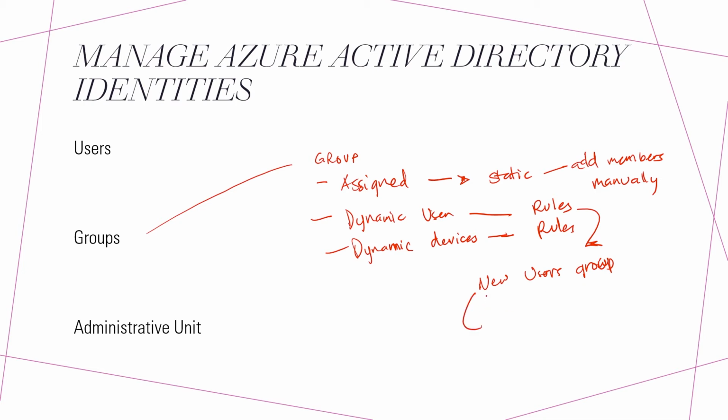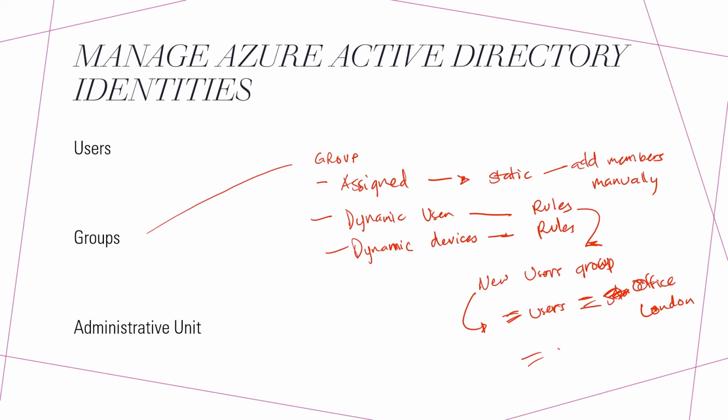You want in that new users group only the users that have, let's say, an office attribute of London. In AD you can set certain attributes for a user or a device.